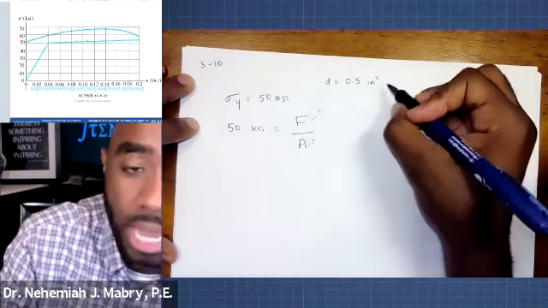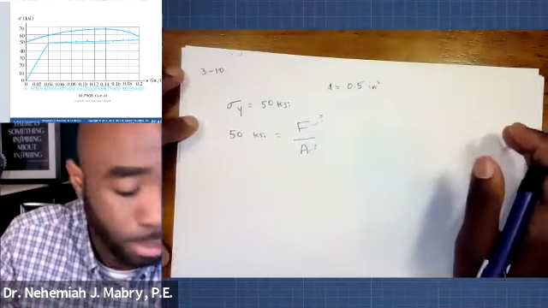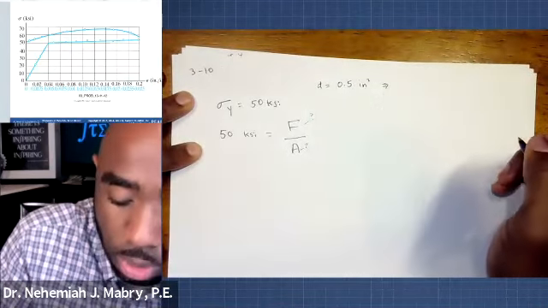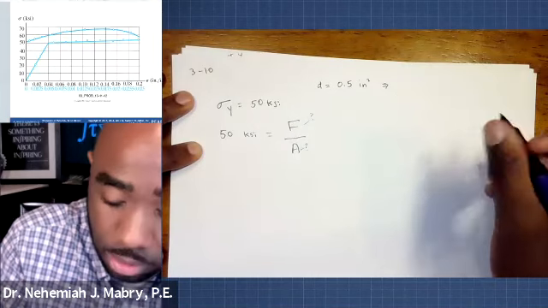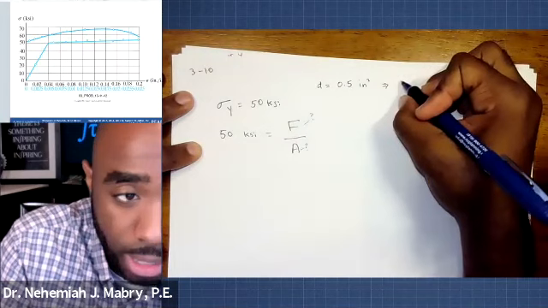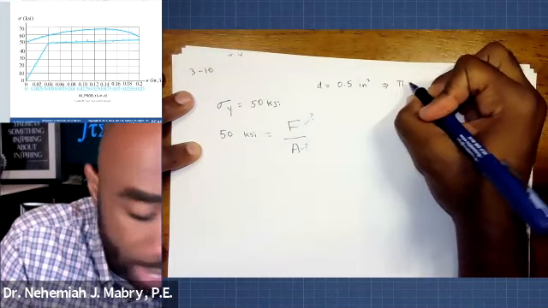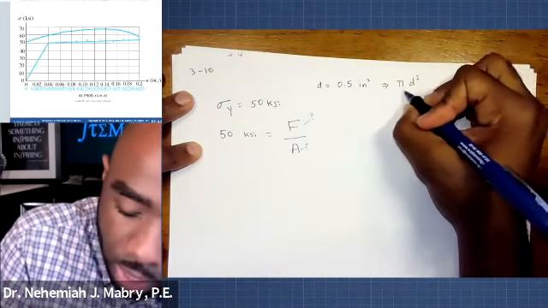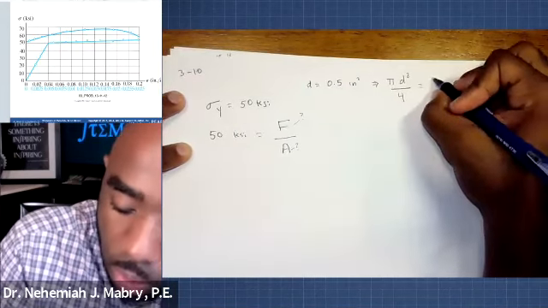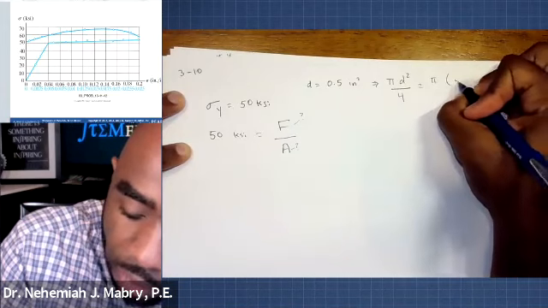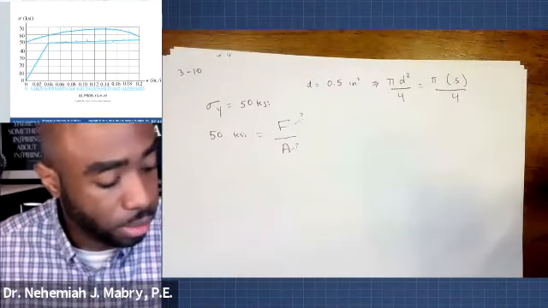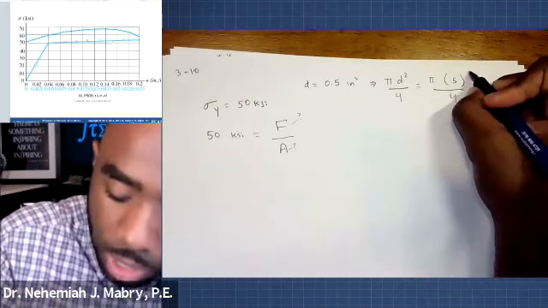How do we find the area? Well, we take this diameter that was given to us and we calculate it. So the diameter is 0.5 inches, and the equation for that is pi d squared over 4. Let's go ahead and plug in our 0.5 inches over 4, squared.